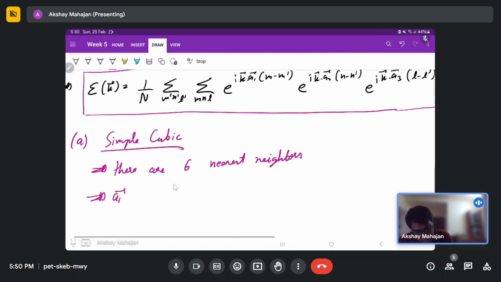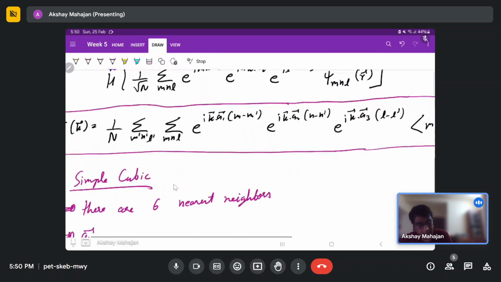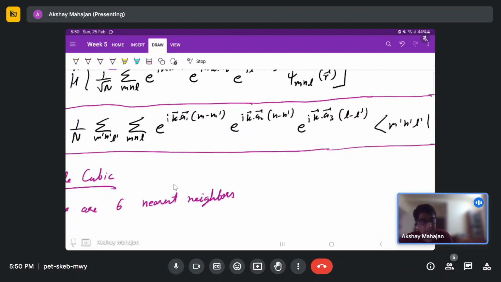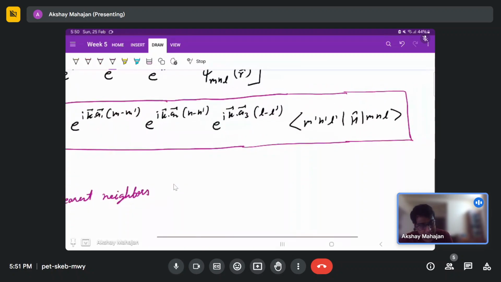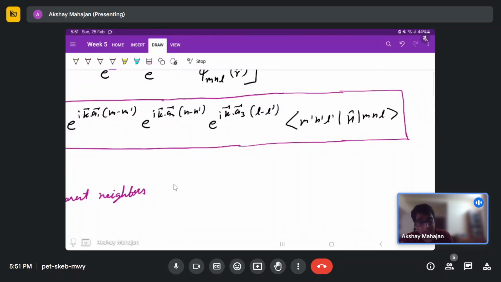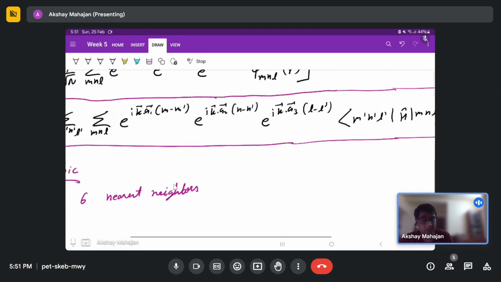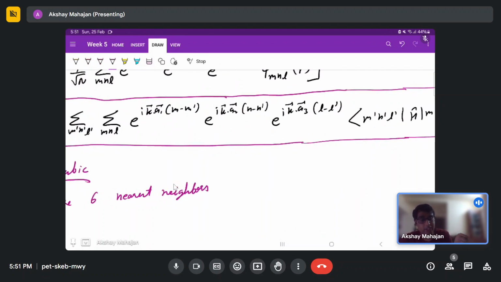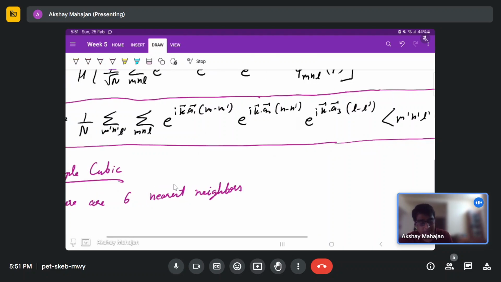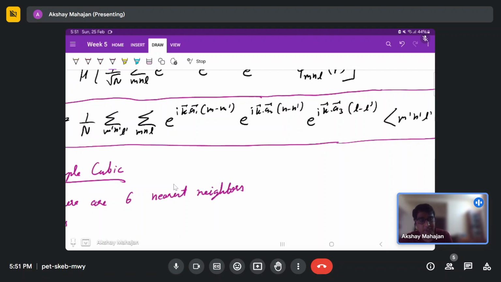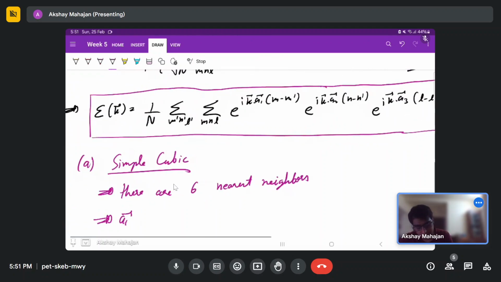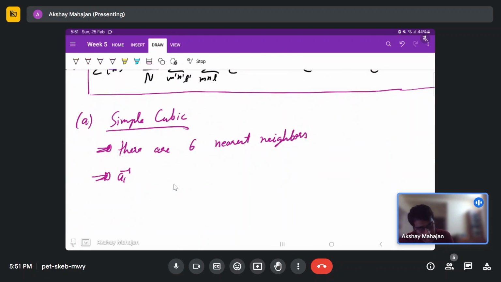So basically in this formula that we have derived, to find the energy dispersion, we just need to know the lattice parameters: what are the lattice parameters for this lattice, how many nearest neighbors there are, and what are the coordinates of these nearest neighbors in terms of the lattice parameters, which are given by these integers m prime, n prime, and l prime.